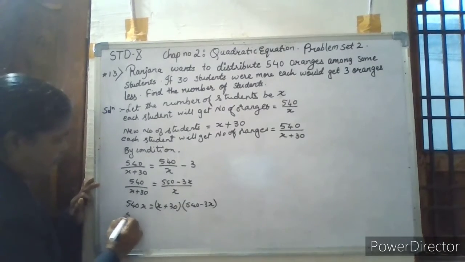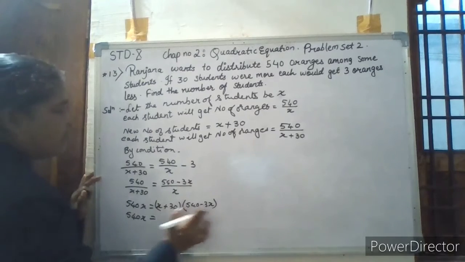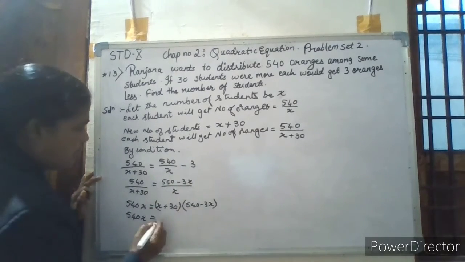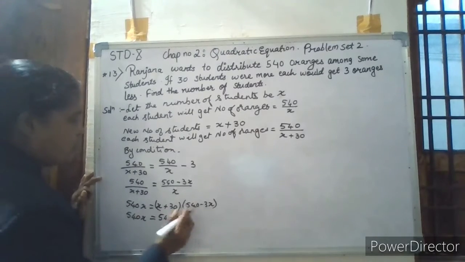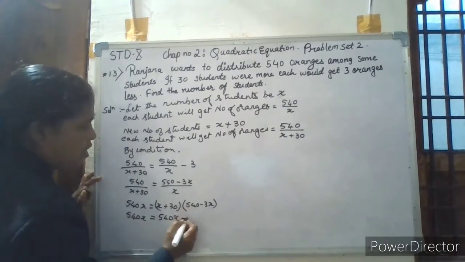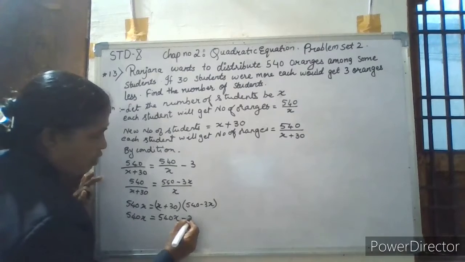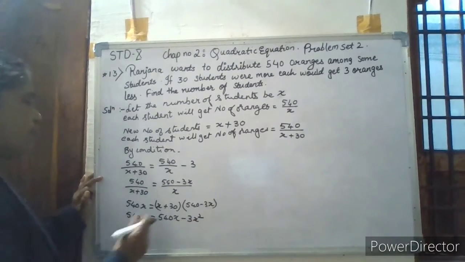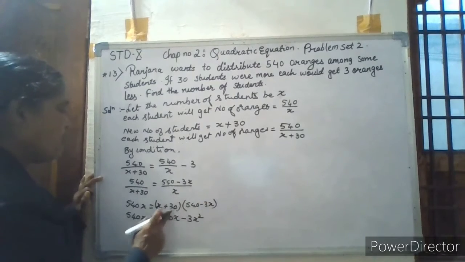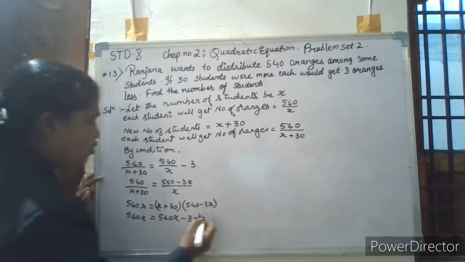So 540x is equal to binomial into binomial. x into 540 is 540x, x into minus 3x gives minus 3x squared. Now 30 into 540: add the two zeros, 54 multiplied by 3 is 162, giving 16,200.